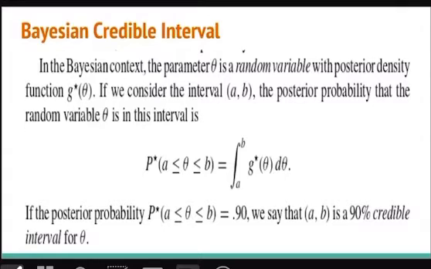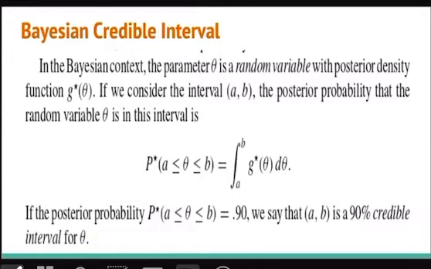We are talking about the Bayesian credible interval. When we're using the frequentist approach, we have a way to construct a confidence interval, right? And when we're dealing with a Bayes estimator, we also have a way, so we call that the Bayesian credible interval. Don't forget, the parameter theta is a random variable under the Bayesian setting, and the distribution we normally use is the posterior.